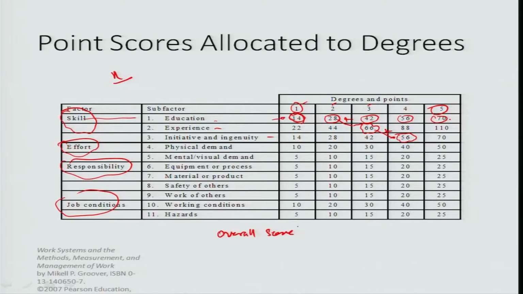Based on this you develop an overall score. So for example, there could be a job rated as education requirement in the first category, experience requirement probably in the third category, ingenuity requirement in, let's say, the fourth category, and so you have different point scores associated with each of these: 14 plus 66 plus 56.